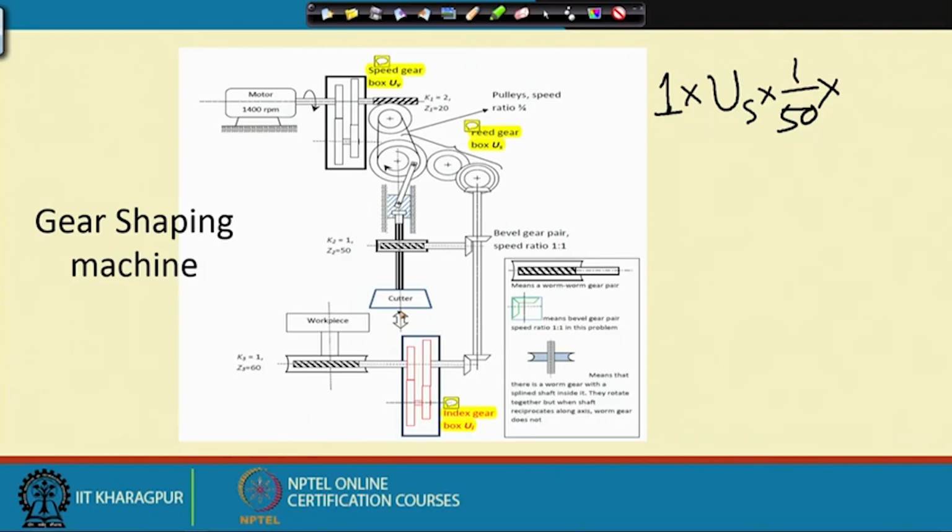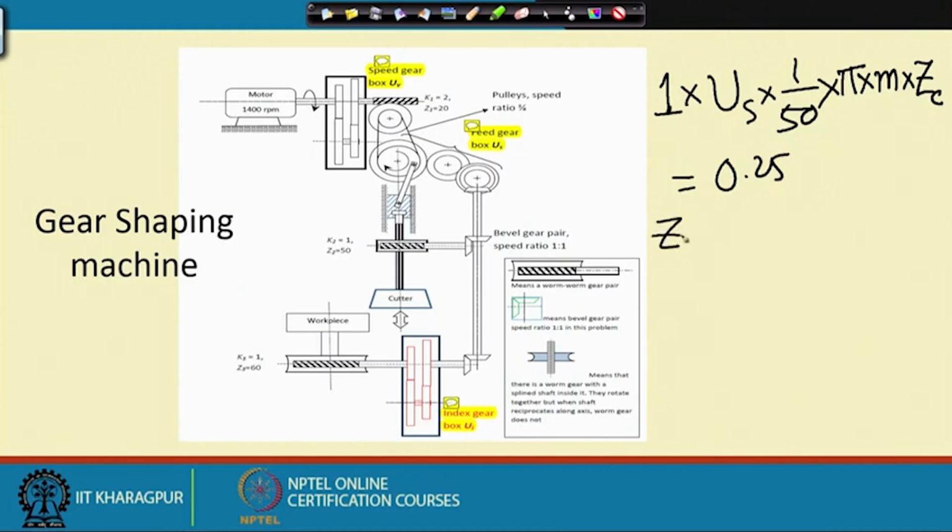Per rotation of the cutter executes a circumferential motion of one circumference pi d. So, x rotations will have x into pi d amount of circumferential movement. So, this is the number of rotations of the cutter multiplied by pi d, pi into d is equal to module into number of teeth. So, we write module into number of teeth on the cutter equal to 0.25. This is the amount of millimeter movement of the circumference of the cutter per stroke, feed motion.